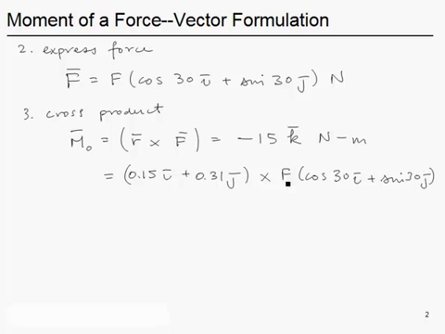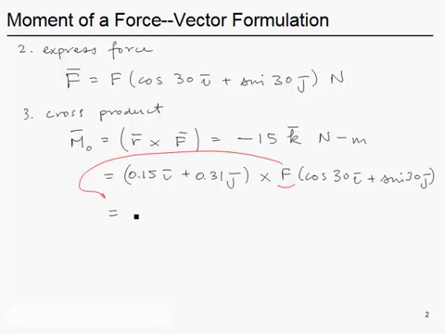Since this F right here is a scalar magnitude, I'm going to pull that out to the front of the calculation just to save some space and make it clear, and then I'm going to go ahead and do the cross product with the I and J components.